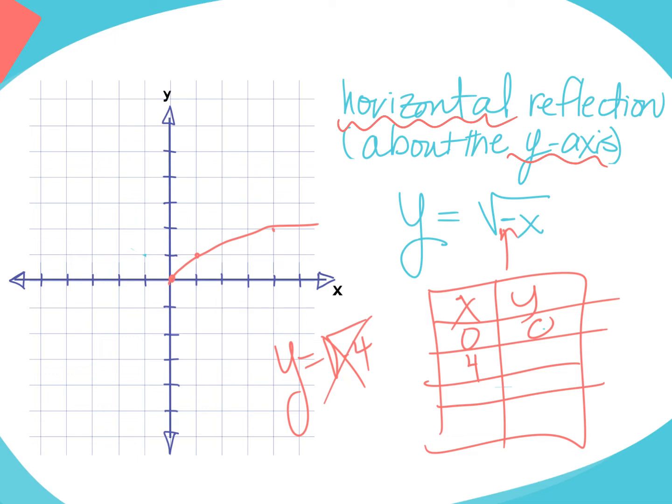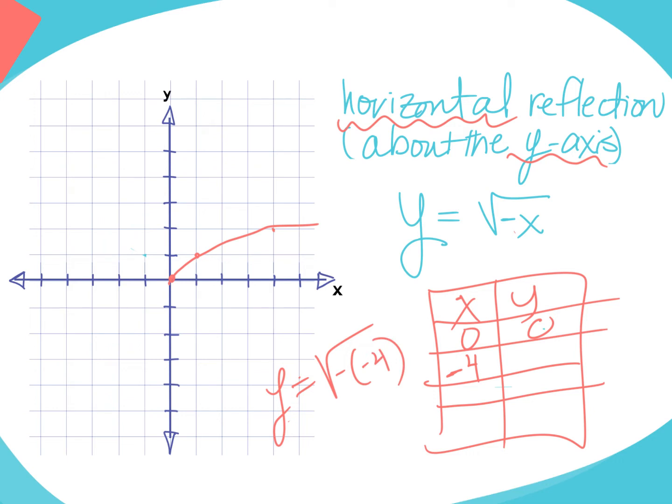So I have to start thinking about this. How can I fix that problem? I'm inputting some positive values and it doesn't work. So let's try a new strategy and input some negative values and see what happens. I'm going to input a negative 4 here.